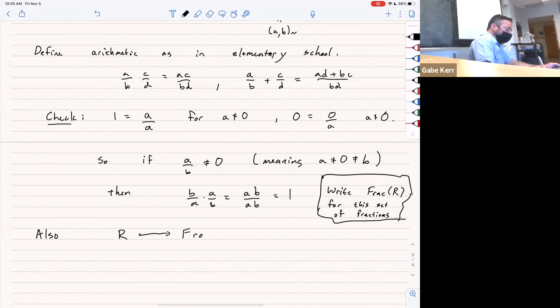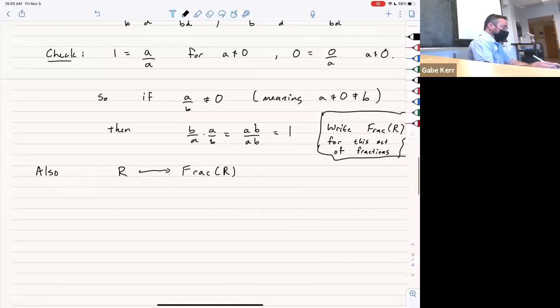There is a homomorphism, which is injective, one-to-one, which sends an element A to the fraction A over 1. And so you can include your ring into your big field.